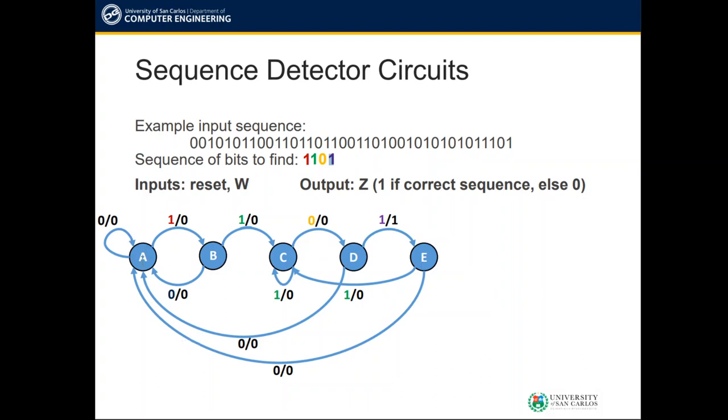From state A, since this is 1, the other input is 0. So where does it go? It goes back here. Since the sequence did not start, it goes back to the initial state.